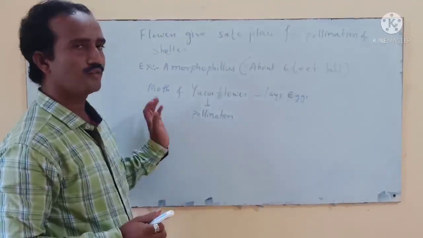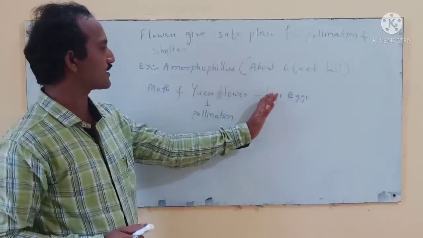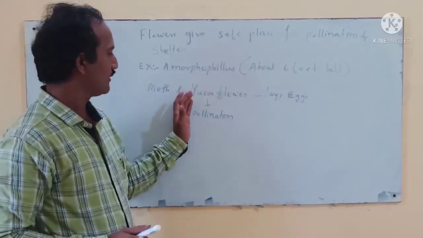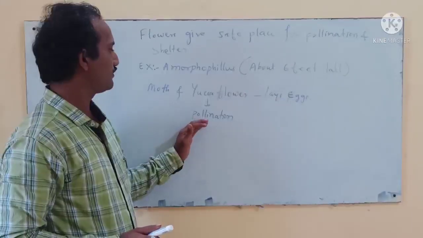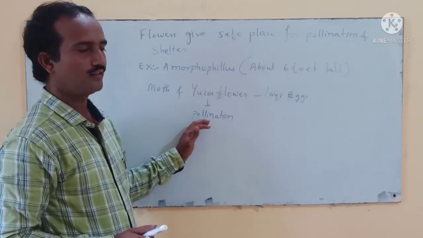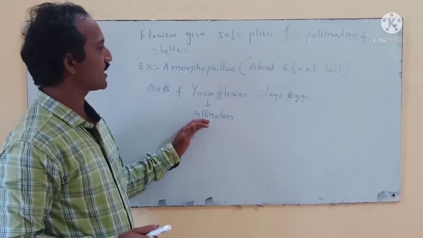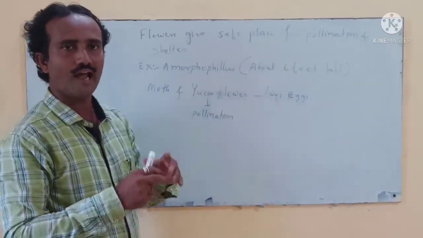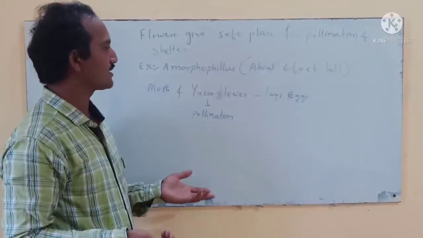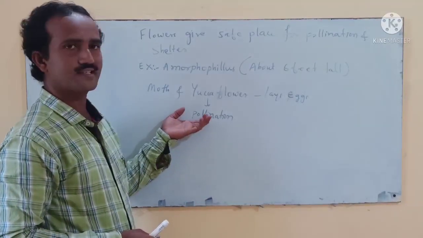Yes, so moth will lay the eggs inside the yucca flower, where during the laying of the eggs they carry out the pollination. After the pollination takes place, the laid eggs will be hatched out, and during the hatching there is seed germination.